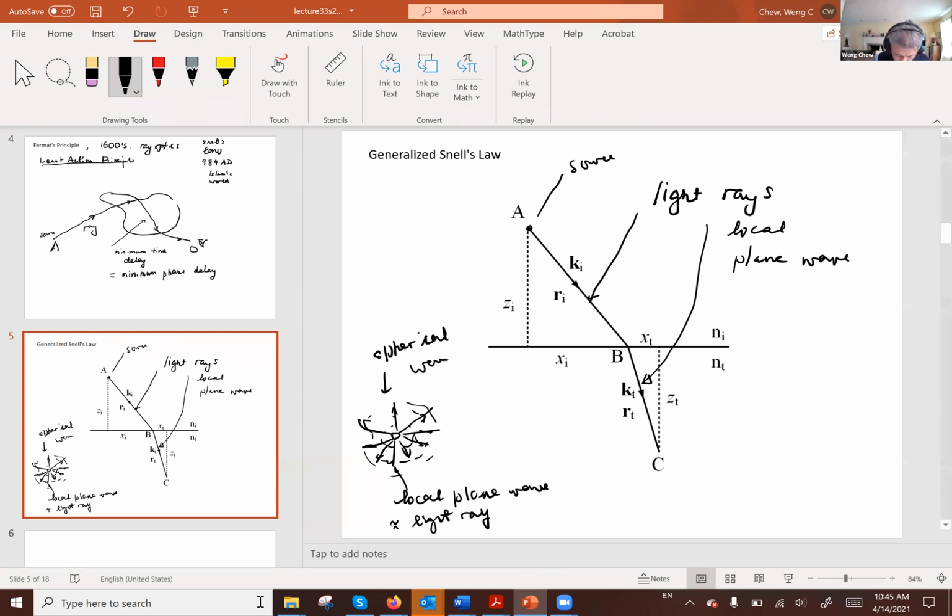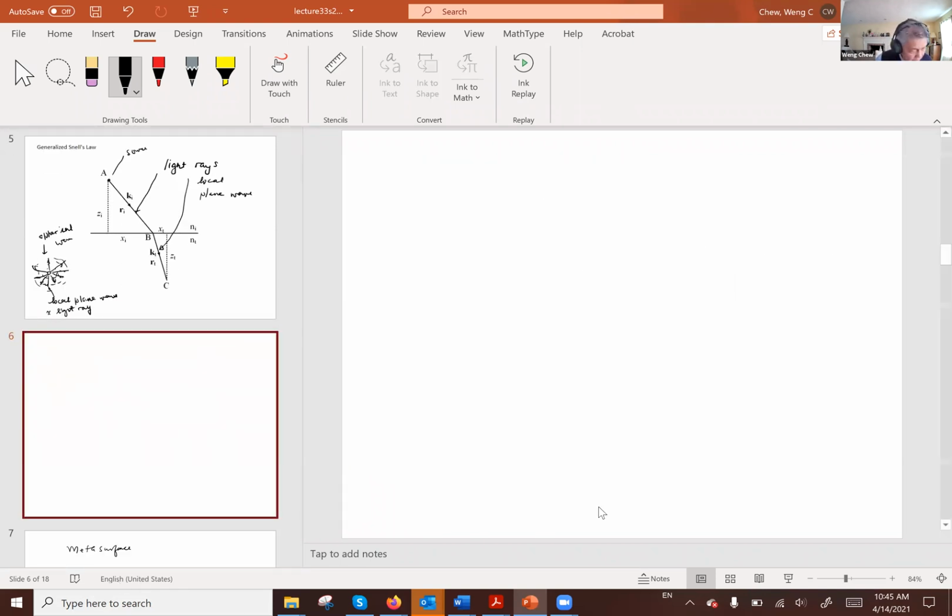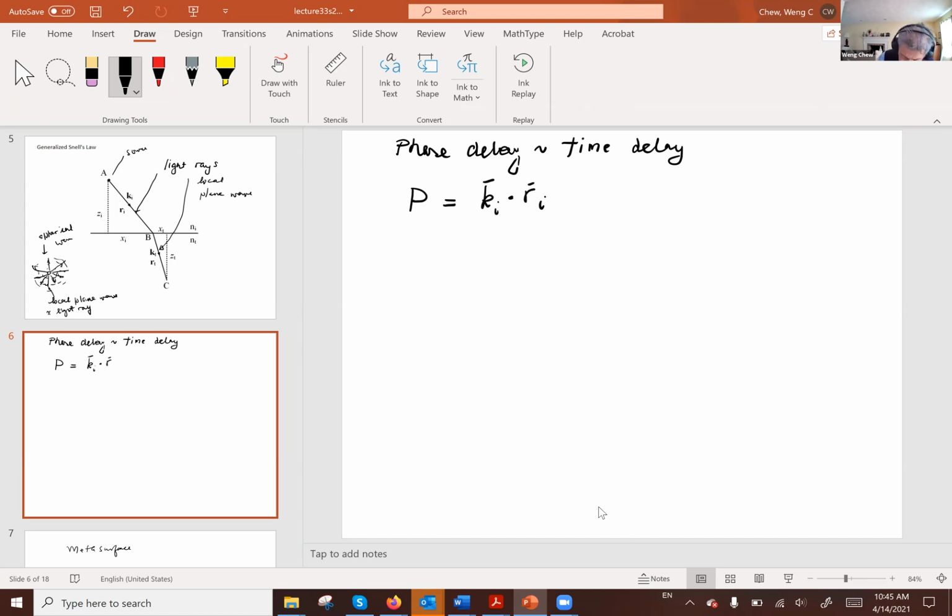Based on this picture, the time delay, which is also the same as the phase delay, let me call that P, will be the product between the k vector of the incident ray, k_i, and this vector r_i.